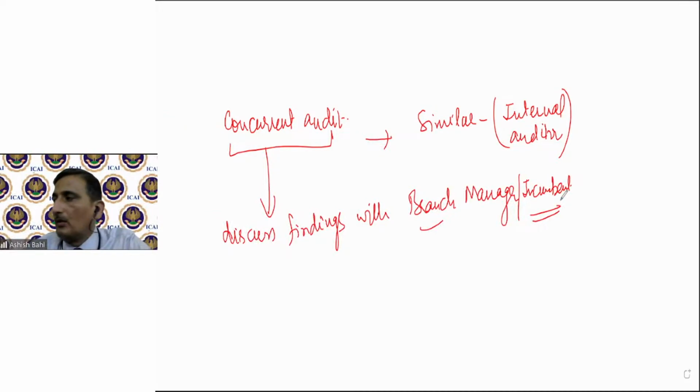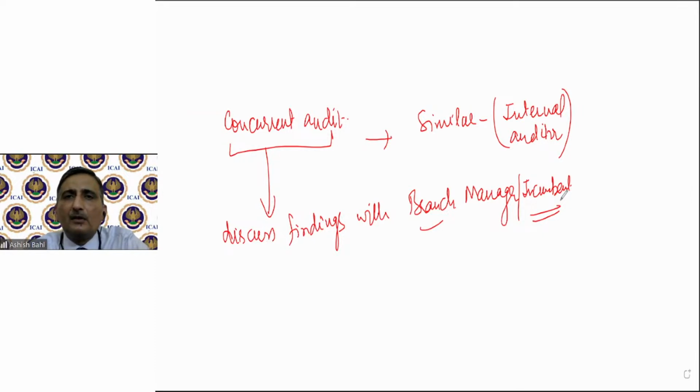Yes, Jay, you are right. All branches do not fall under concurrent audit. Now it differs from bank to bank which branches they want to fall under concurrent audit, and RBI has not fixed rigid guidelines relating to this.